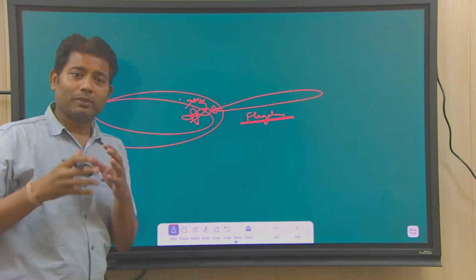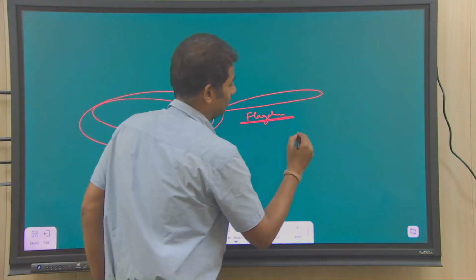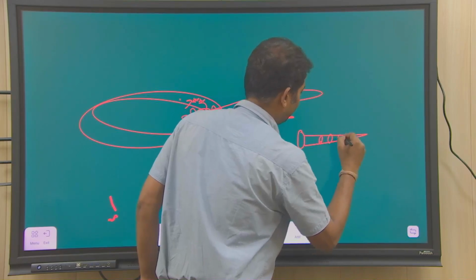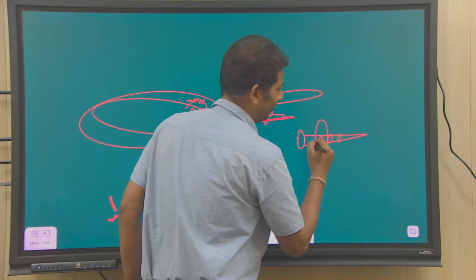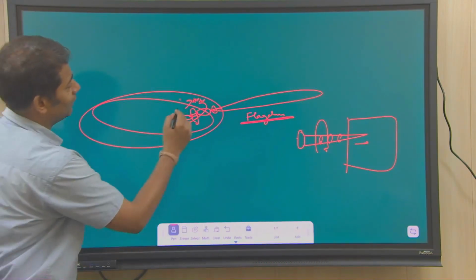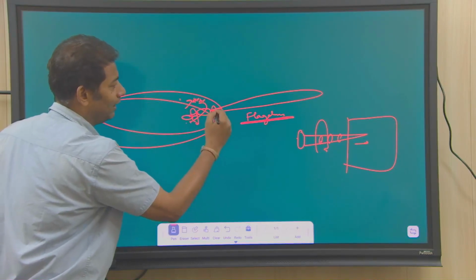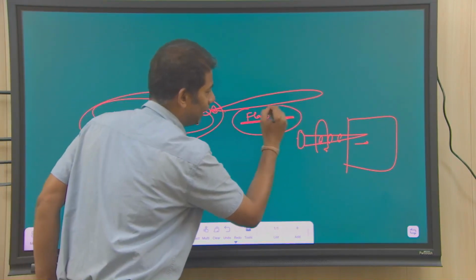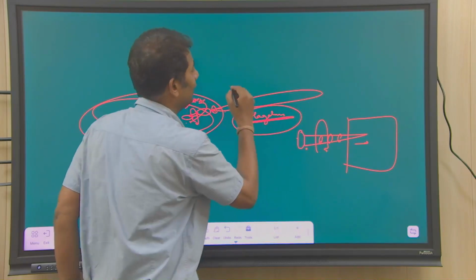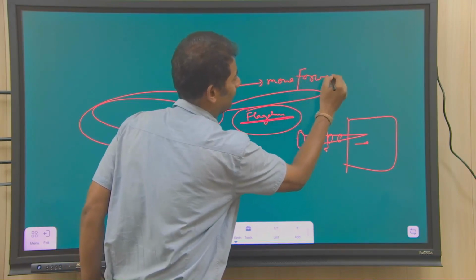We can conceptualize it with a screwdriver. When we rotate a screw clockwise, it moves forward. When the proton passes through this ATPase molecule, it rotates and is linked to the flagellum, which rotates like a screw. What will happen? The bacteria will move forward.